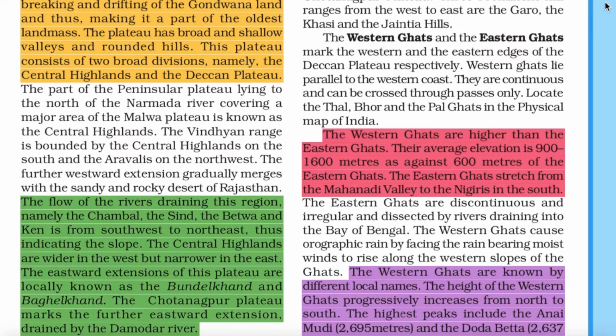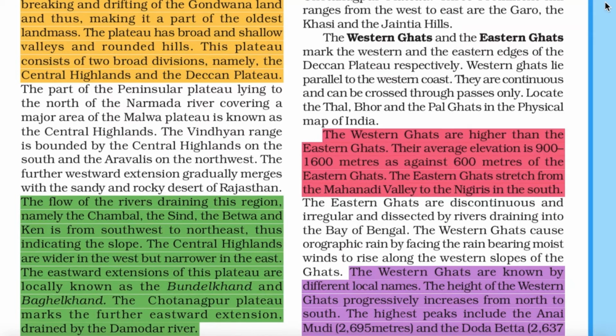Their average elevation is 900 to 1600 meters as against 600 meters of the Eastern Ghats. The Eastern Ghats stretch from the Mahanadi Valley to the Nilgiris in the south. The Eastern Ghats are discontinuous and irregular and dissected by rivers draining into the Bay of Bengal.